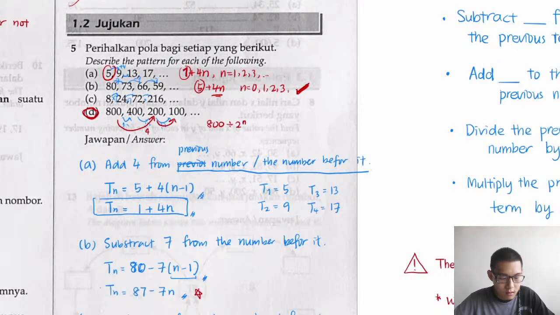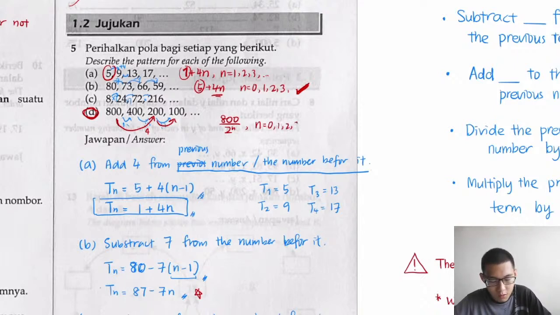When we divide by 2 again, it means divide by 2 again, so we use the power n here. So 800 divided by 2 to the power n, or I can use the fraction form, which is more convenient for us to review. Here n equals 0, 1, 2, 3, because we start from 800 when n is 0.